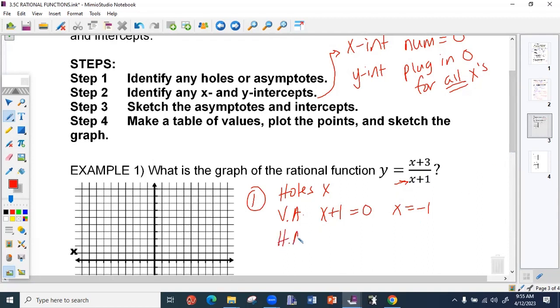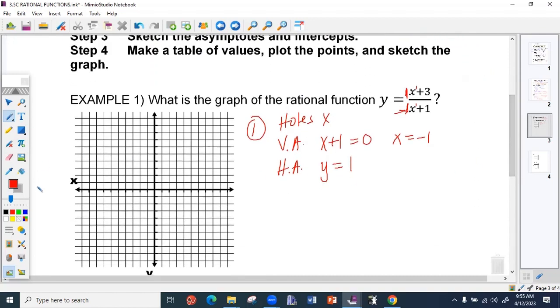I'm going to check for horizontal asymptote. Your horizontal asymptote depends on your degree. Are our degrees the same? Yes, degrees are the same. So therefore, it depends on our leading coefficient, and the leading coefficient for both is what? 1. So our horizontal asymptote is at y equals 1. Step 2 is to identify your x and y intercepts.